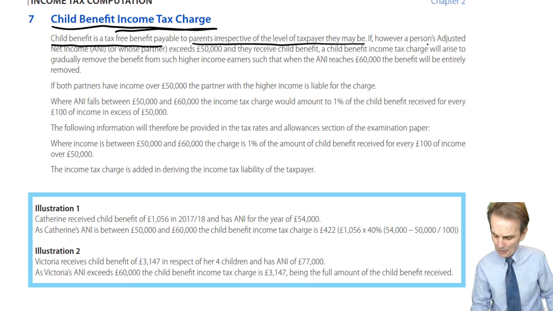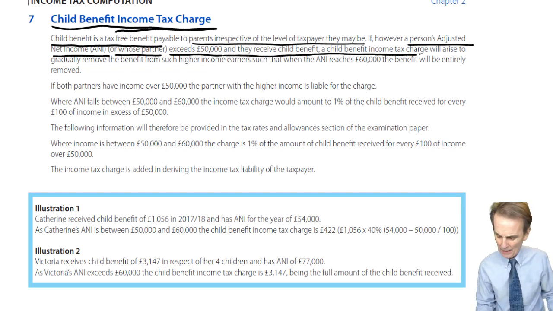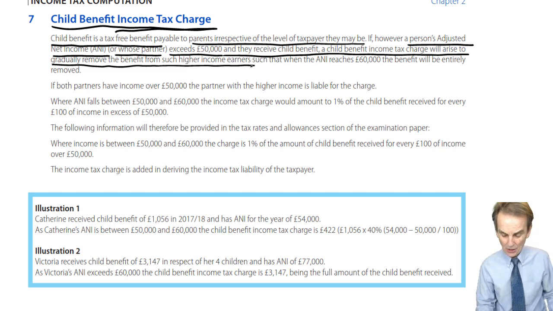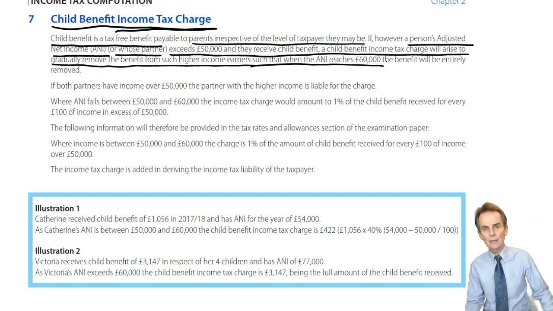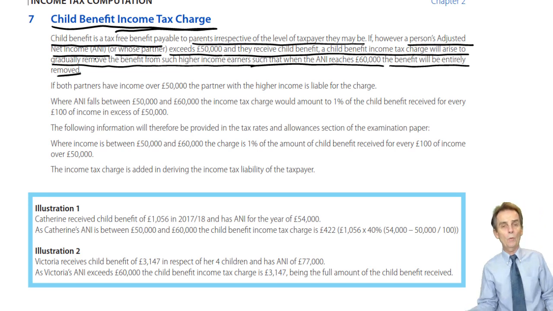If, however, a person's adjusted net income, or whose partner's adjusted net income, exceeds £50,000 and they receive child benefit, a child benefit income tax charge will arise to gradually remove the benefit from such higher income earners, such that, as we said a moment ago, when that adjusted net income reaches £60,000, the benefit will be entirely removed because the charge will be equal to the amount of child benefit that you received.